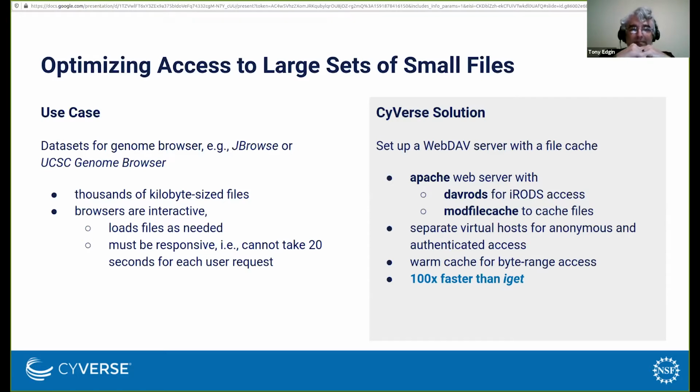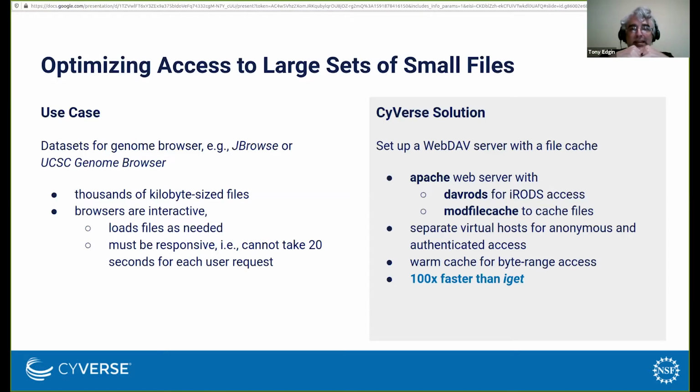That improved performance greatly, except for a lot of cases with the UCSC Genome Browser in particular. It does a lot of byte range requests, and mod_file_cache can only cache whole files, so it just ignores byte range requests.